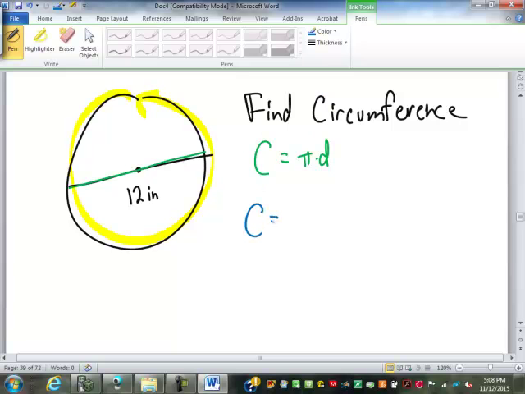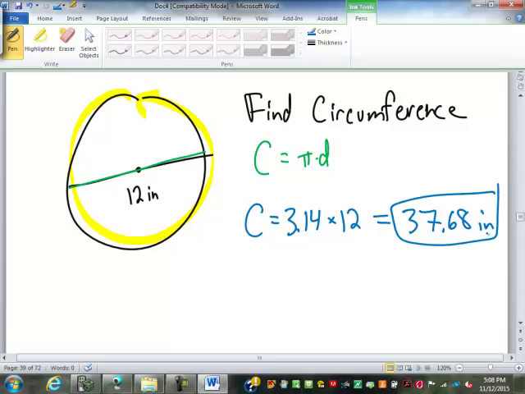So for this one, I'm going to do 3.14 is my pi times what? Just 12. No squared, no anything else. 3.14 times 12, which is 37.68 inches. Why is it not inches squared? Because it's circumference. It's just a length.